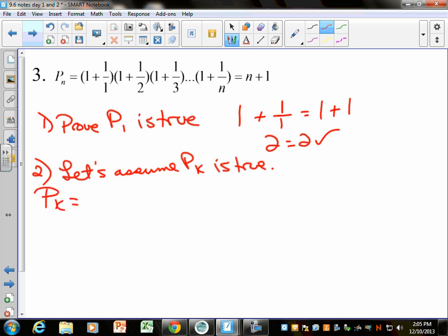And then I'm going to write out what P sub k is. Sometimes you can get a little lazy and not write the whole thing. Like on this one, I'm just going to say 1 plus 1 over 1 times 1 plus 1 over 2, and then dot, dot, dot. I think I'll leave 1 out. 1 plus 1 over k equals k plus 1.